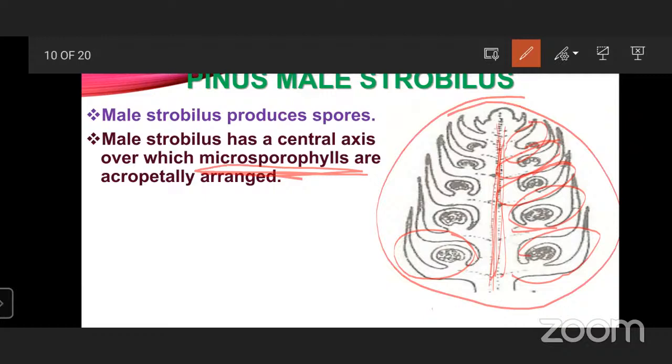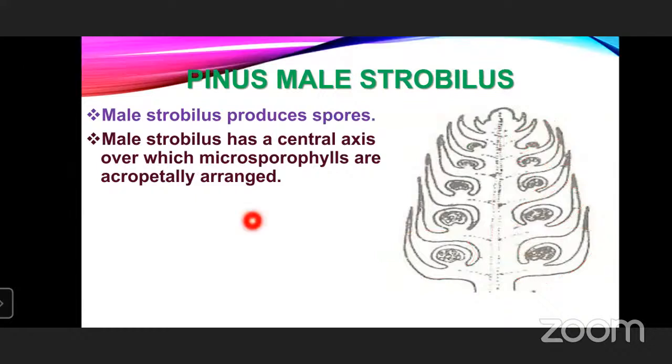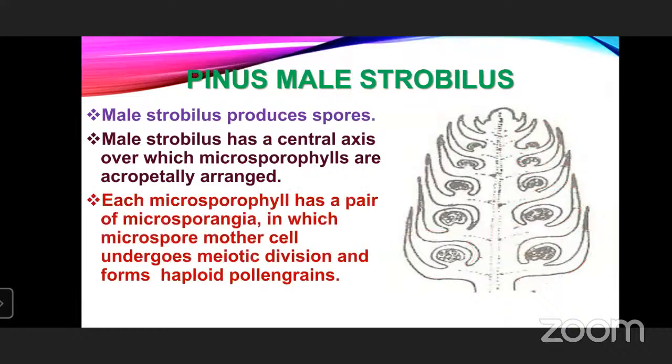This is the male cone or male strobilus. These all are microsporophylls. They are attached to the central axis of the male strobilus.